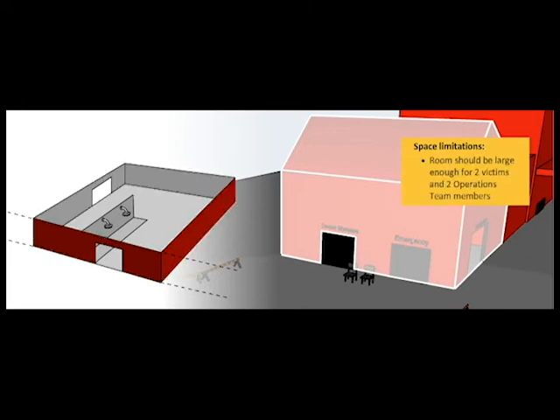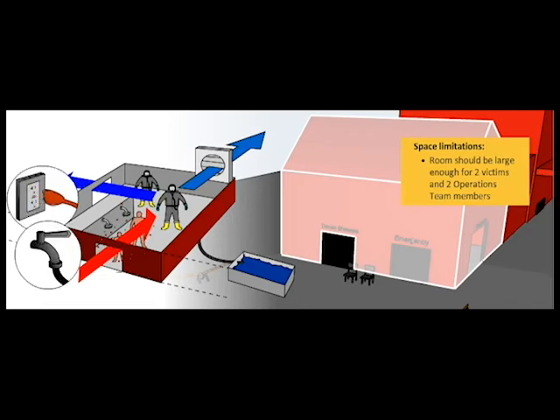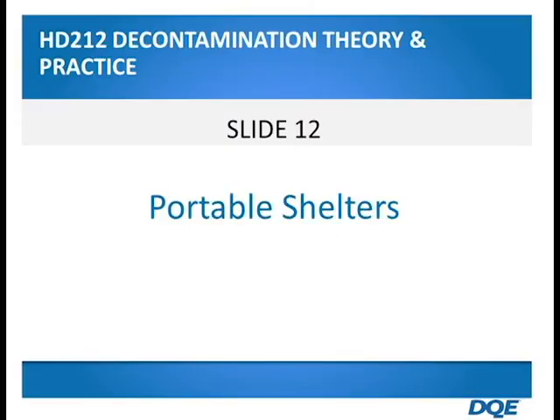At a minimum, the room should be large enough for 2 victims and 2 operations team members. These facilities should be engineered with an independent ventilation system from the hospital, have separate entrance and exit points, a method of water collection, and quick access to utilities. Since decon rooms may be considered a confined space environment, if not engineered properly, a higher level of respiratory protection may be required.